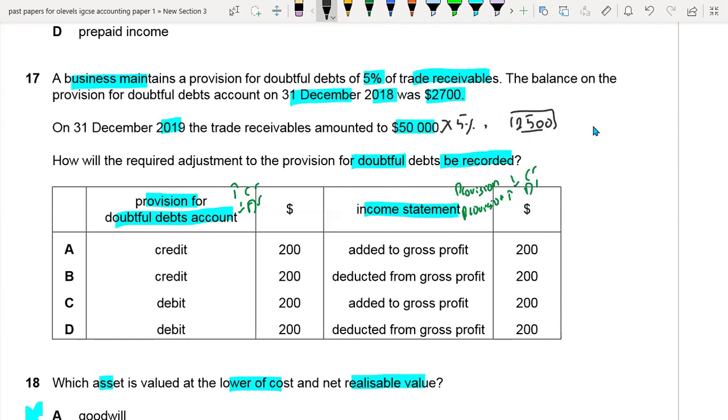If it is decreased by $200, your provision would be debit by 200, and your income statement would be credit by 200 because this would be the income for the income statement. And we know that it will be added in the GP. So C is the right option because here the provision is debited by 200 and 200 is added in the gross profit.